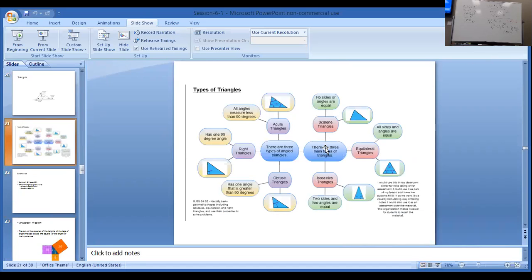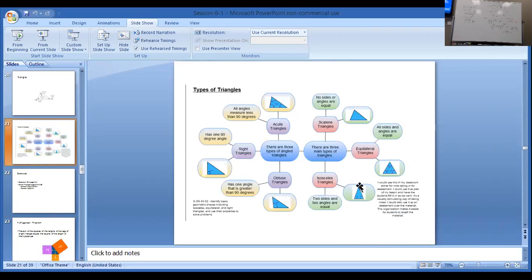Now, you can also divide triangles based on their sides. If all 3 sides are equal, and all the angles have the same degree, then you have an equilateral triangle. If no sides or angles are equal, then you have a scalene triangle.